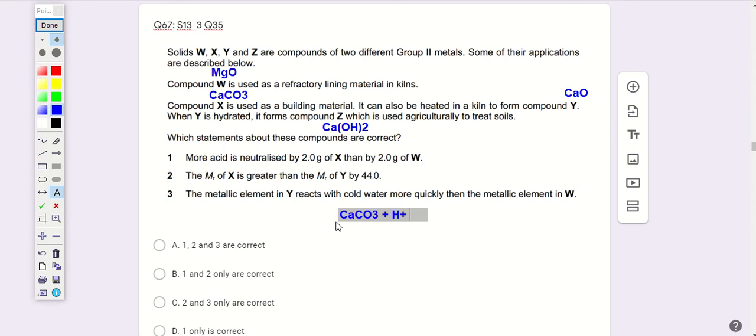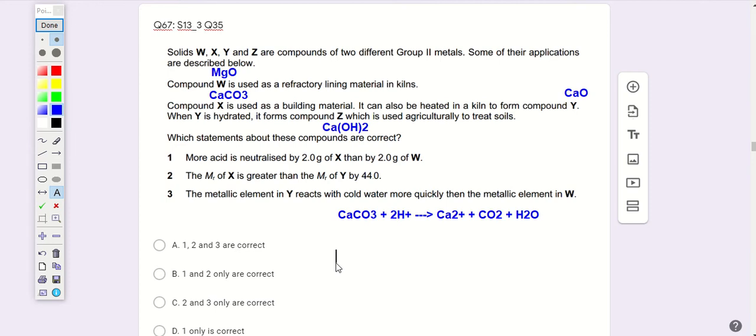Acid, just put hydrogen ion. So I will get calcium ions, carbon dioxide, and water. I balance the equation. 1 mole of X should react with 2 moles of acid.